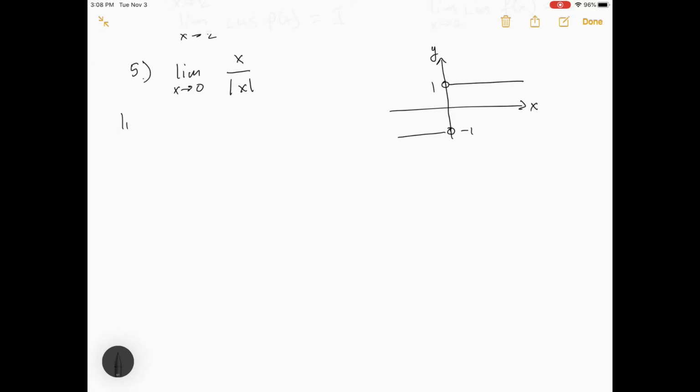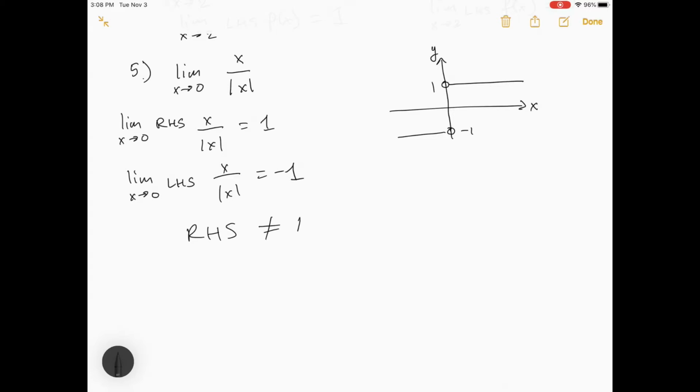Note that from the right-hand side, x divided by absolute value of x is equal to 1, while the limit from the left-hand side is equal to -1. Because the limit from the right-hand side and left-hand side do not equal each other, the limit does not exist.